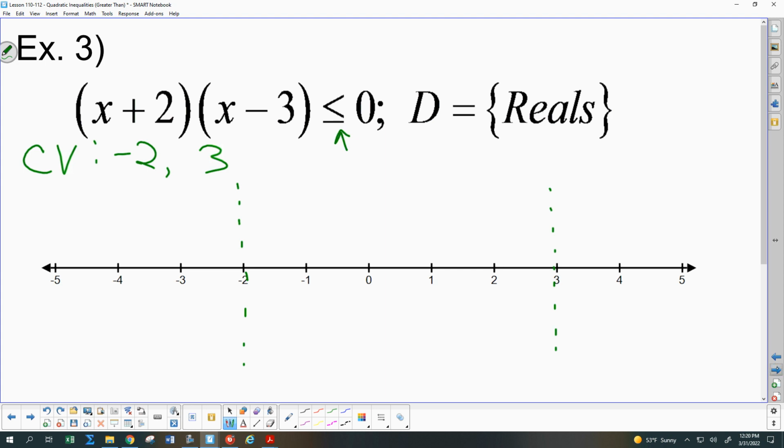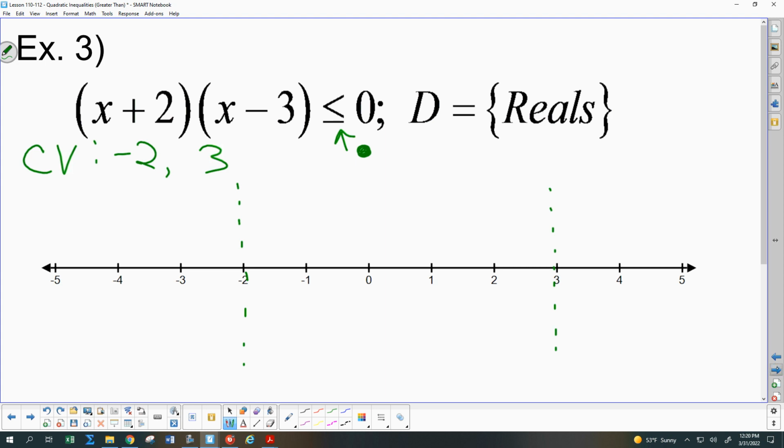Will I include my endpoints this time? Thumbs up if yes, I need to include the endpoints and shade them in. Thumbs down if I should not include them. Thumbs down means not equal. Thumbs up means or equal. This does have an or equal, so yes, we shade them.